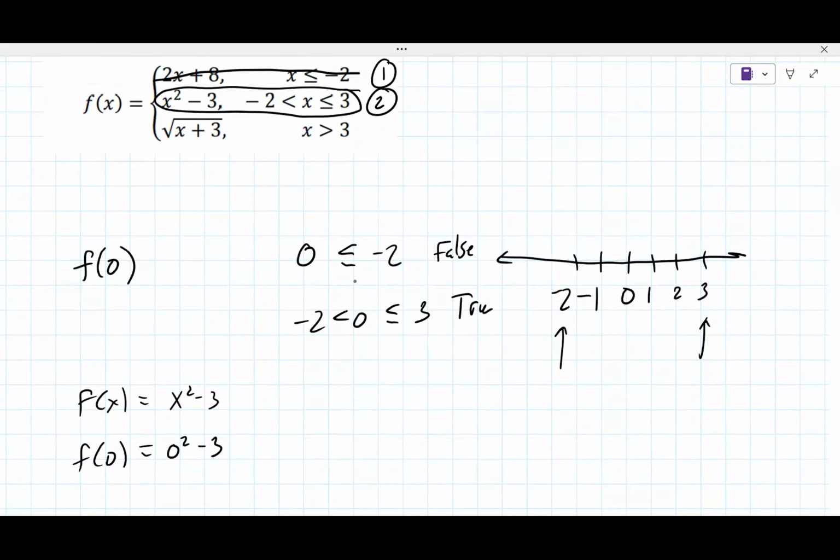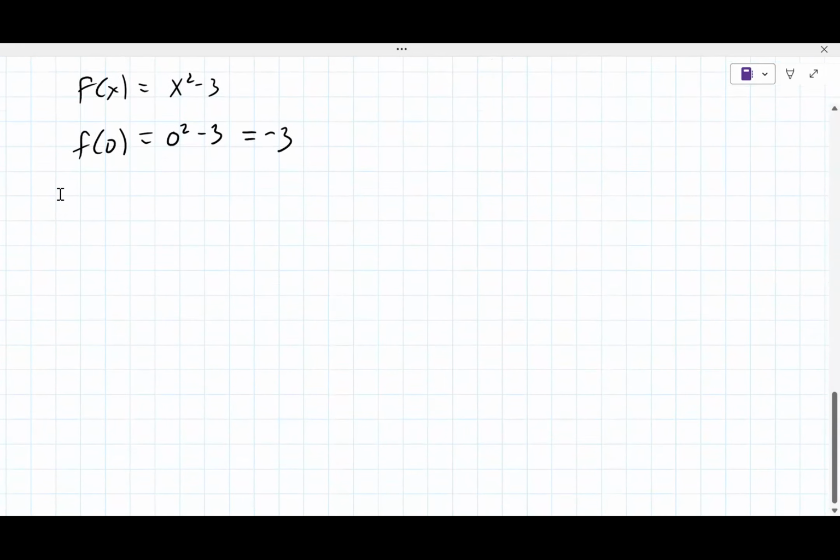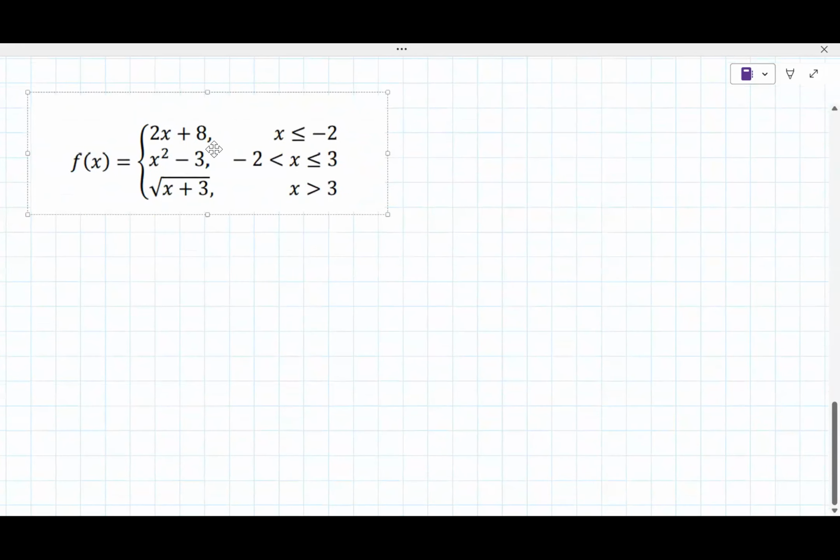That right there is just 0 squared, which is 0. It's just -3. Good. All right, let me give you another one to try here. Can you calculate f of 1, please?